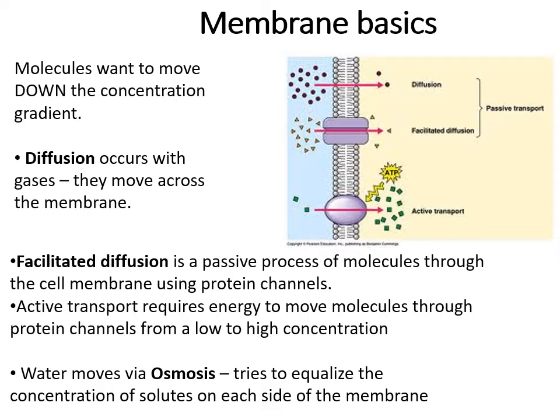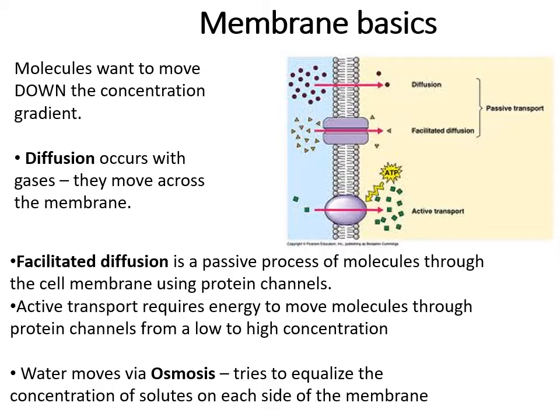And that'll come into play when we're talking about electrolytes and how they can affect whether the cell shrinks or whether the cell becomes swollen and edematous. Okay, so you can see how a low sodium in the extracellular compartment will cause water to, through osmosis, go across the cell membrane and into the cell and cause cellular edema.